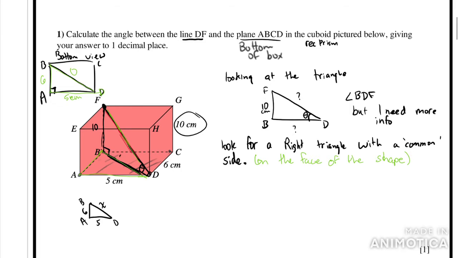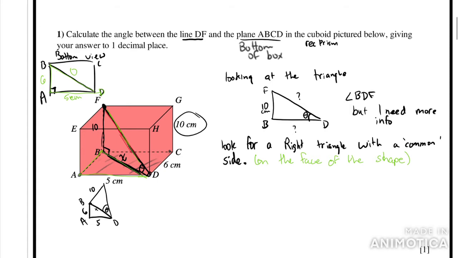I'll call it X. And just for a second, if I draw where the other triangle is, if I ignore the fact that it's in 3D space, I'm trying to solve for theta, which is right here.